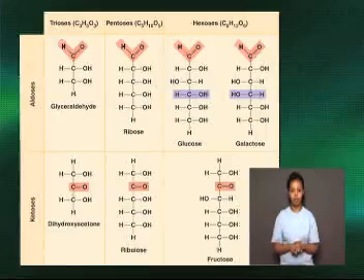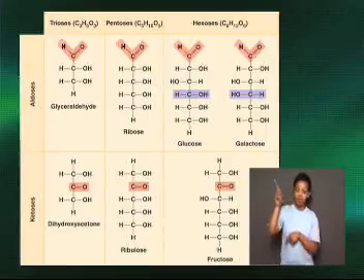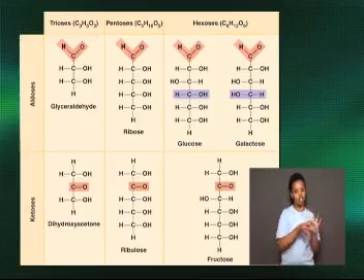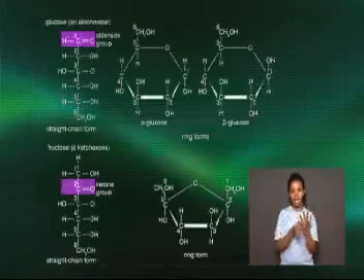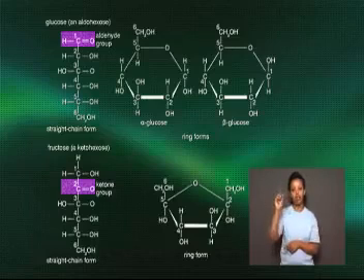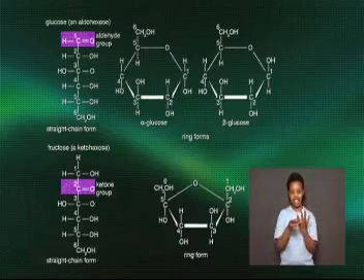As we can see in the diagram of sugar, the monosaccharides are shown in a straight chain form and can also be shown in a ring form. This is a diagram of two monosaccharides, glucose and fructose, in both the straight chain and ring formations.